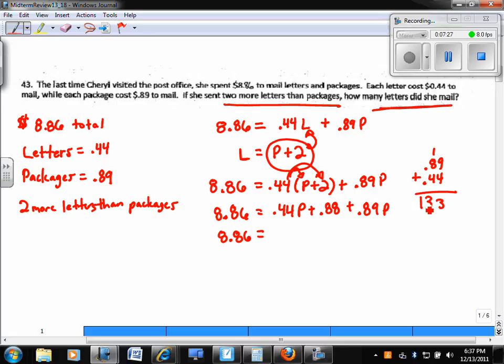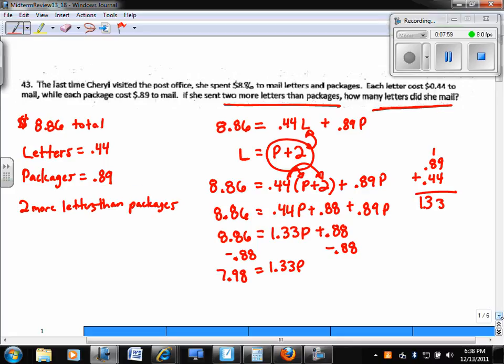And this would be 1.33. So we have 1.33p plus 0.88. Okay, so we need to subtract our 0.88 from each side. We have 1.33p is equal to, well, this would be 8.86 minus 0.88, so that's going to be 7.98.